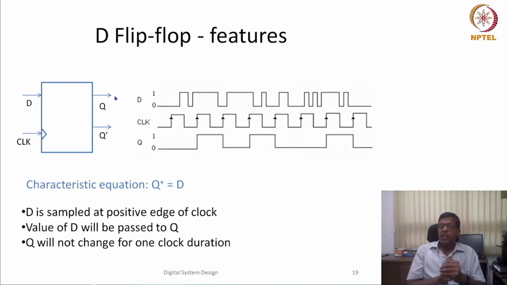Now let us say, because of the ripple carry adder, that the delay of this whole adder is 35 nanoseconds or 35 units. Now what if I make sure that the clock period is more than 35 units? That means my input will not change for 35 units.